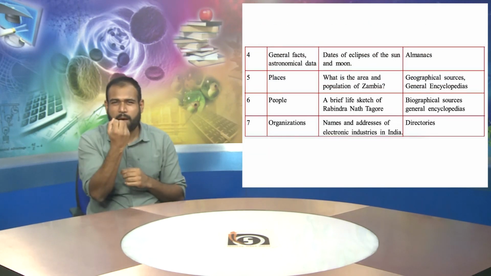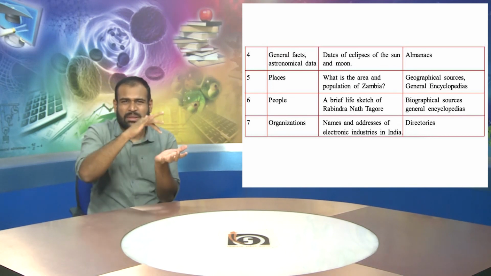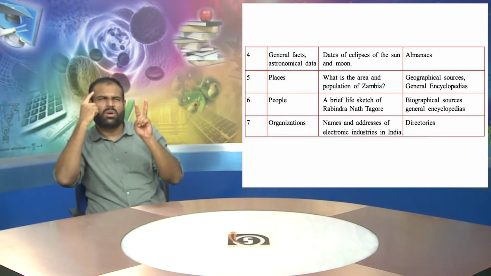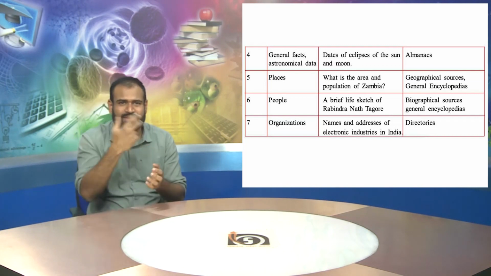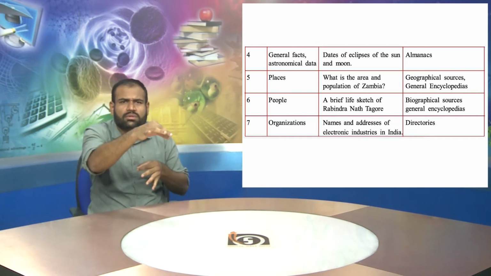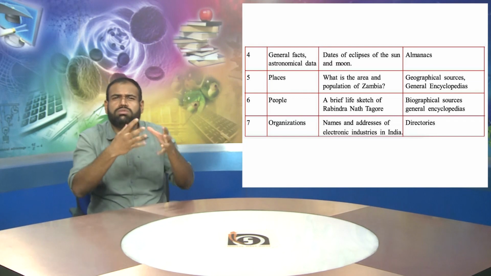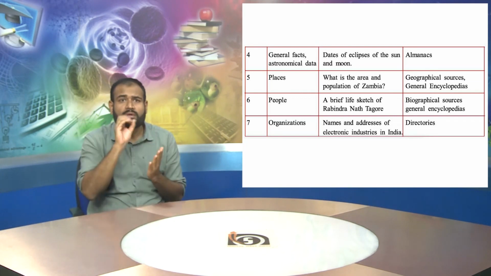And these are some more examples in a table form. You can see the fifth point is about place. Here, if the question is, what is the area and population of Zambia? This is the type of question.